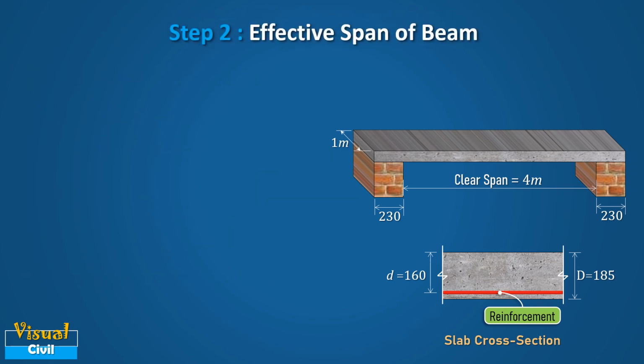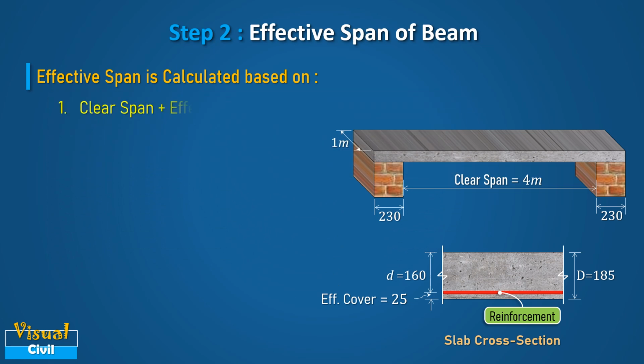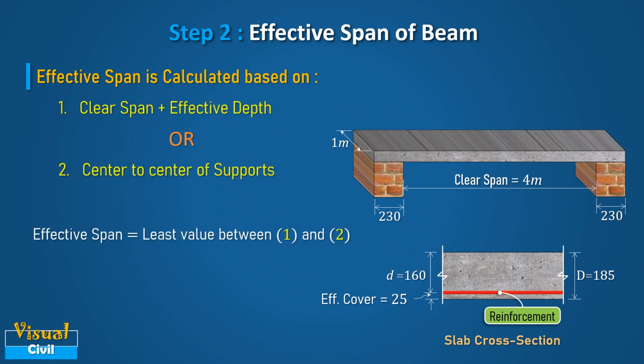In step 2, let us calculate the effective span of the slab by referring to clause 22.2 of IS 456 as clear span plus the effective depth of the slab or center to center of supports, whichever is less.